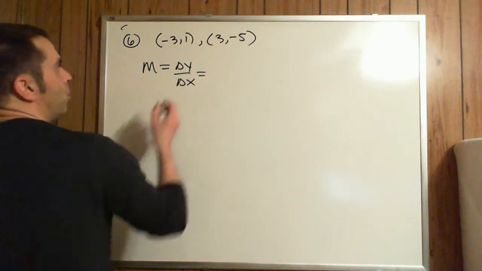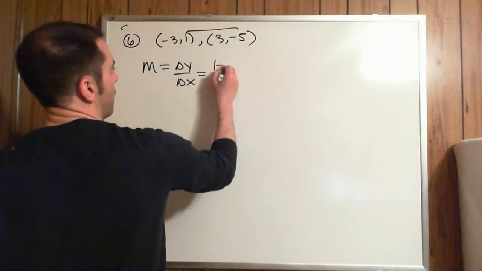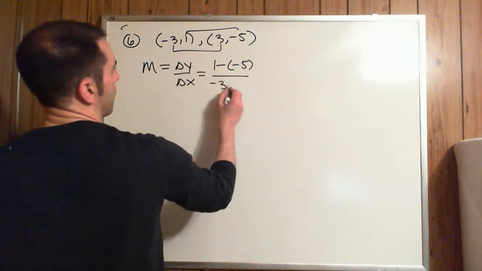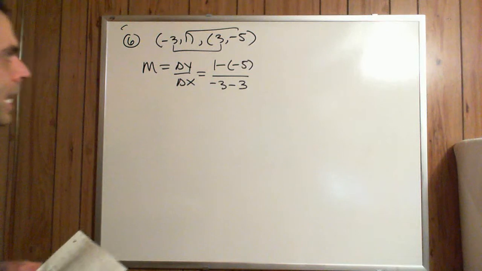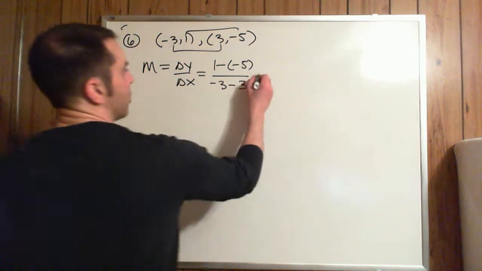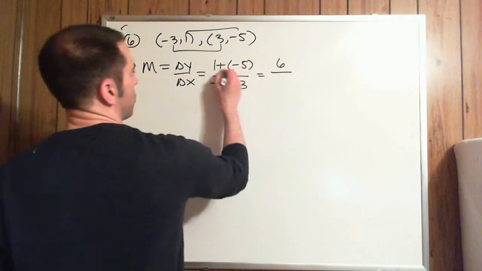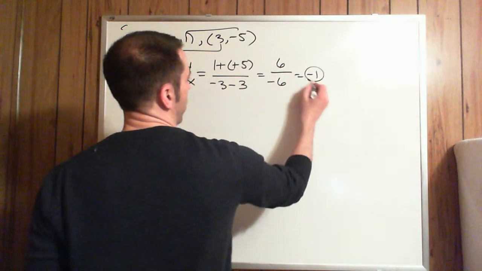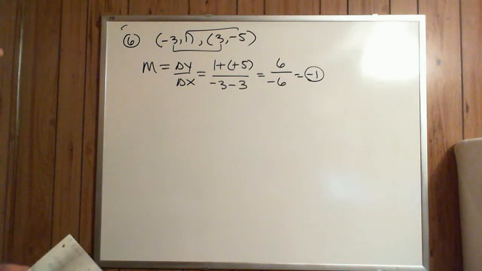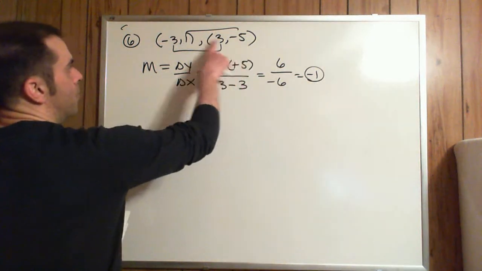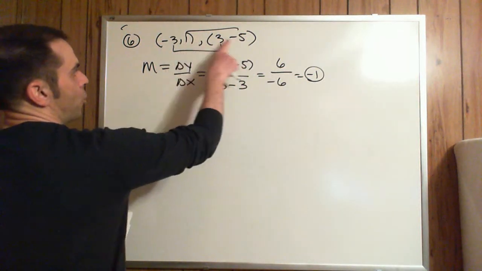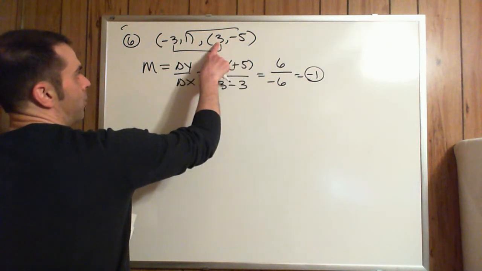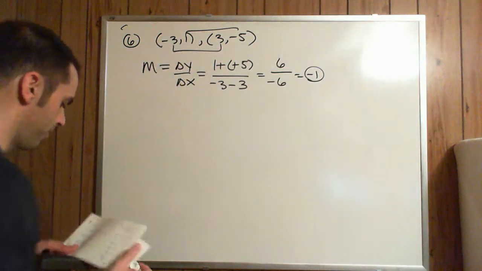So I'm going to subtract the y's, that is 1 minus a -5 over -3 minus 3, subtracting the x's in the same order. So I'd get 6 on top, because this would become a +5, and a -6 in the bottom, which would be a -1. I also could have gone -5 minus 1. Then if I start here from my y, I have to start here from my x. So then I'd have to go 3 minus a -3.